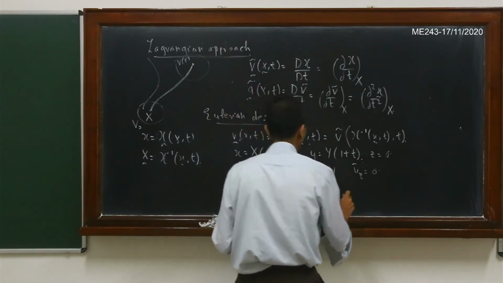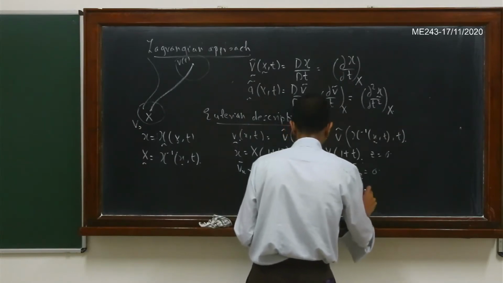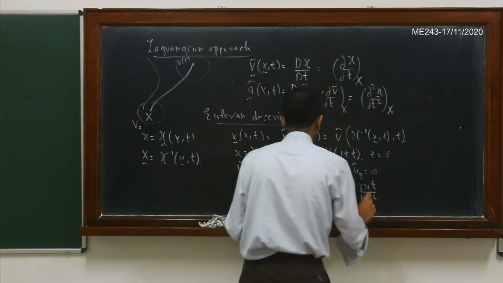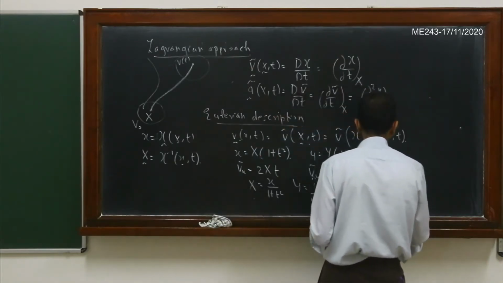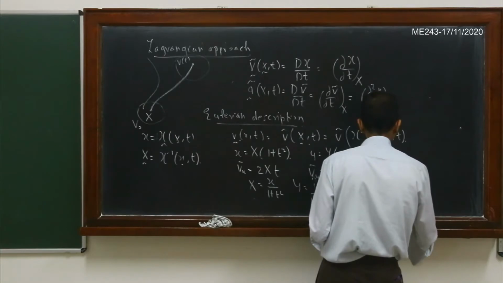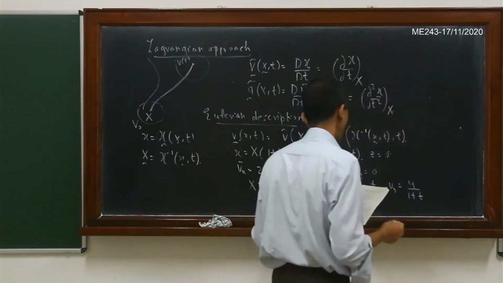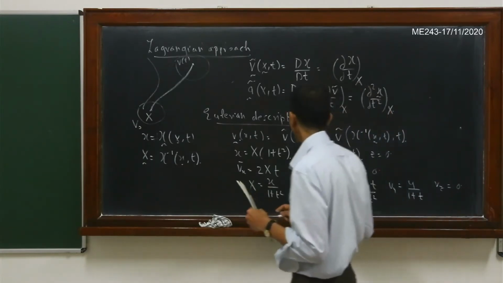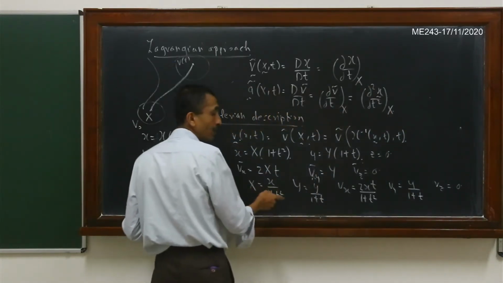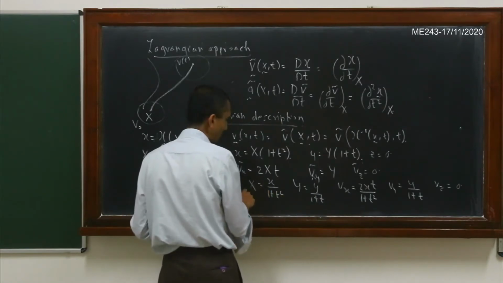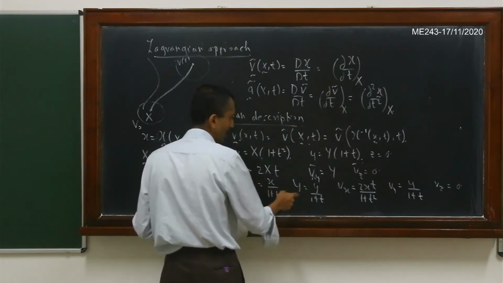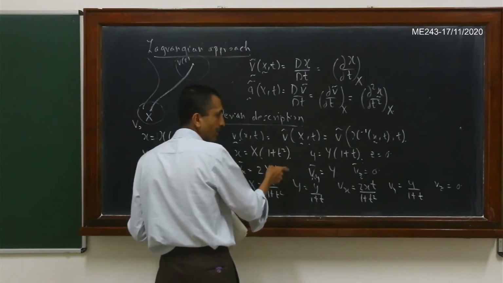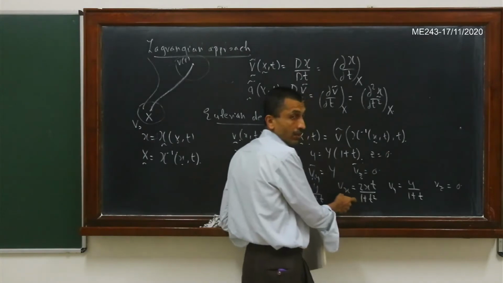Then you will get that Vx will be equal to 2xt divided by 1 plus t square, and Vy will be equal to y divided by 1 plus t. And Vz will just be 0. So you can see that I am using this inverse relation to get capital X and capital Y in terms of x and y, and then substituting it in this Lagrangian description of the velocity to get the Eulerian description of the velocity.